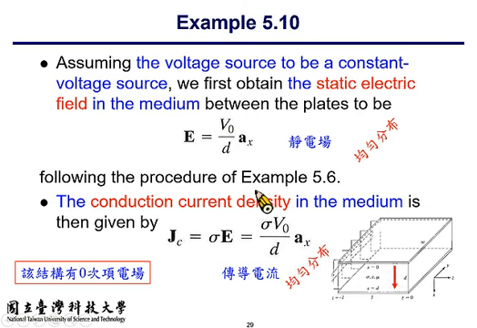And the conduction current can be found with this equation. J, the current density, is proportional to conductivity and the driving electrical field intensity. So substitute the expression for E into this expression, and you get the current density, sigma V sub 0 over d.